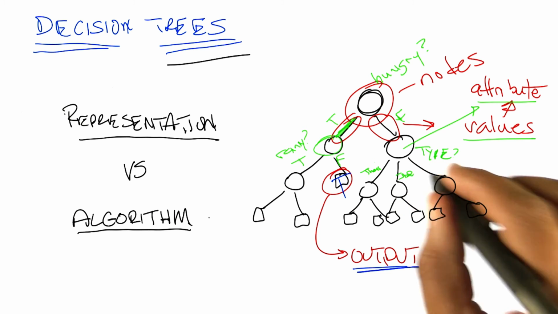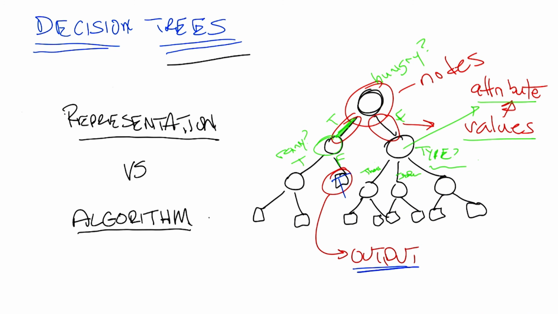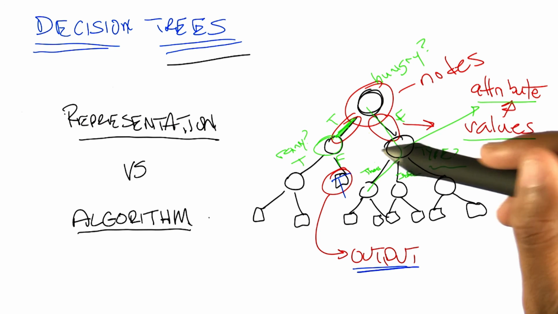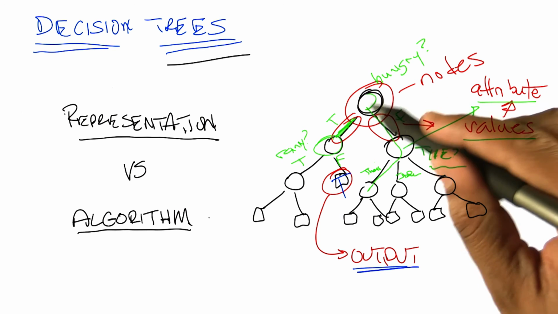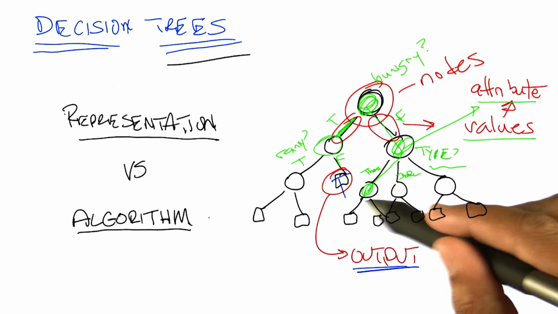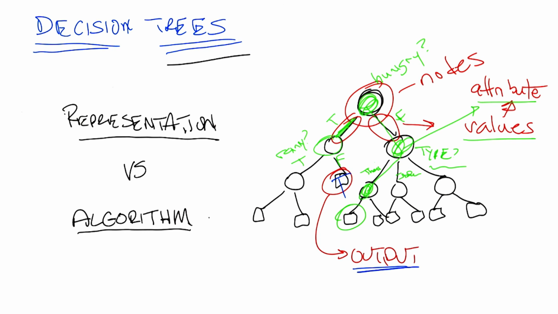Italian, and French fries. So if I'm not hungry, then what matters a lot more is the type of restaurant, and so I'll move down this path instead and start asking other questions. But ultimately, no matter what, this decision tree allows me to ask a series of questions, and depending upon those answers, move down the tree until eventually I have some particular output answer. Yes, I go in the restaurant, or no, I do not.